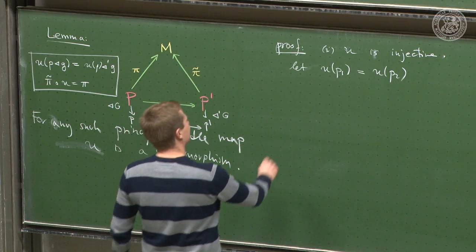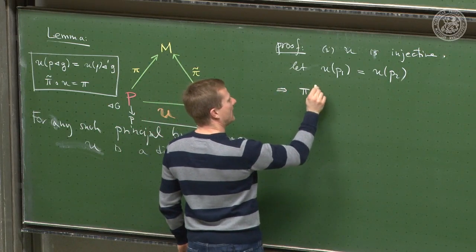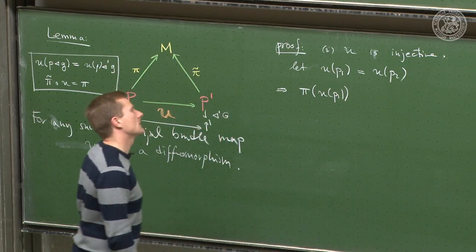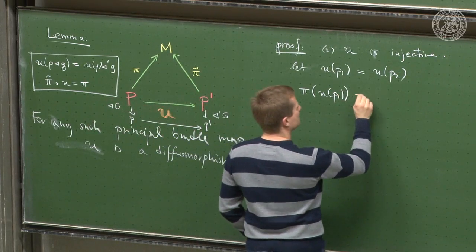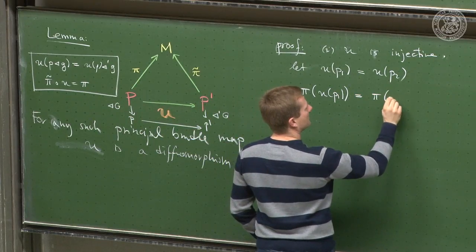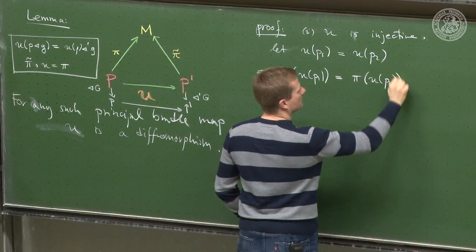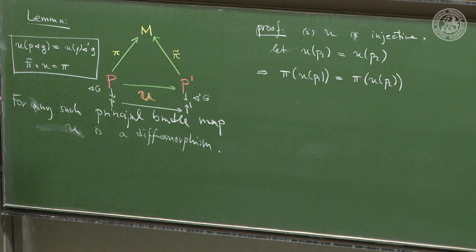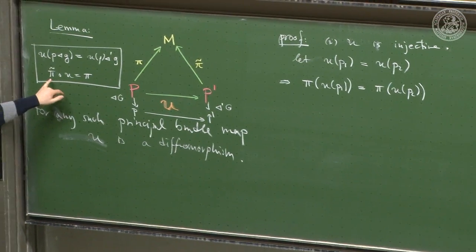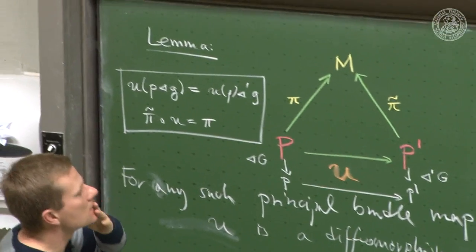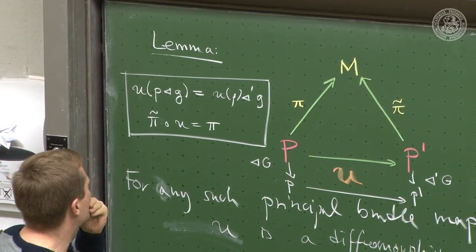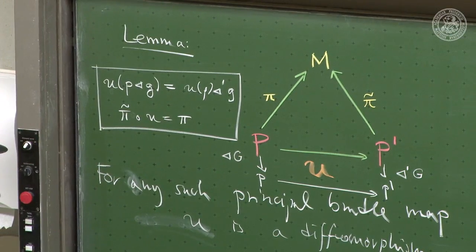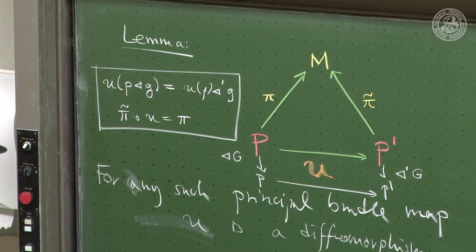So what we do, we look at the pi of the U of P1, and that therefore is the same as the pi of the U of P2. But we also know that, hang on a second, pi of the U. Okay, I need to take my notes. It's a little bit involved here.